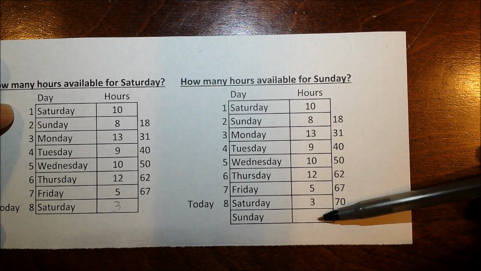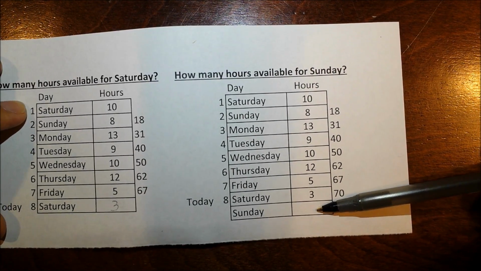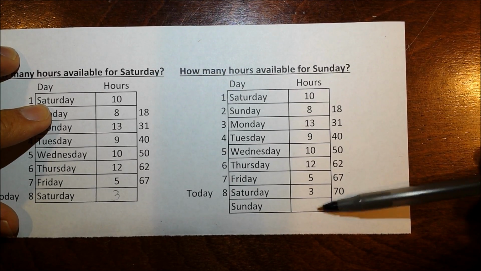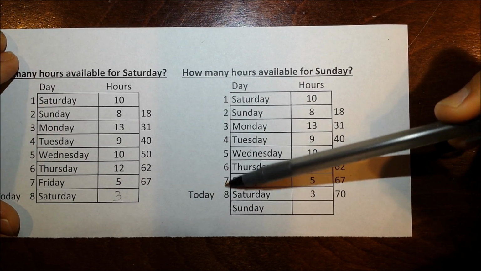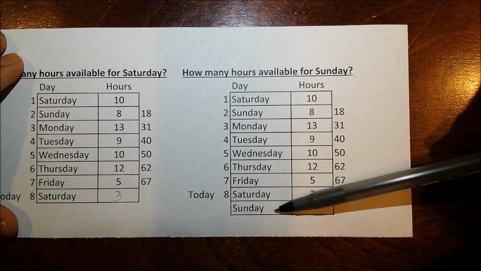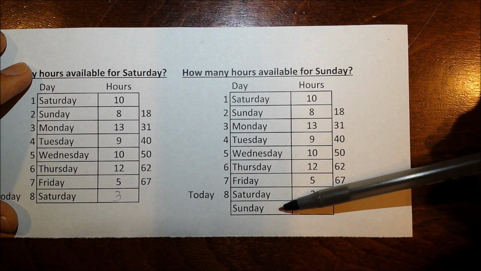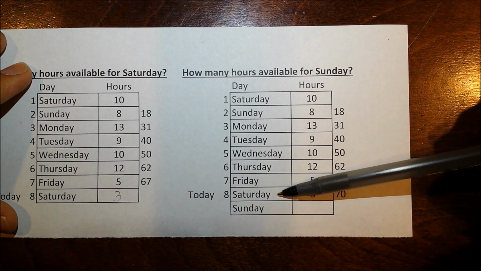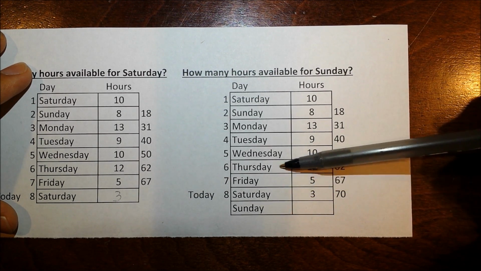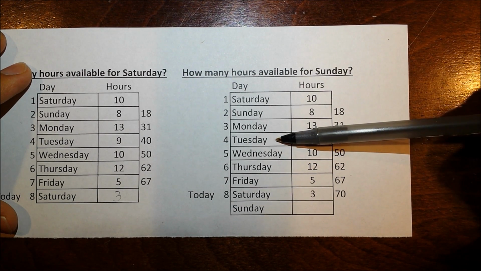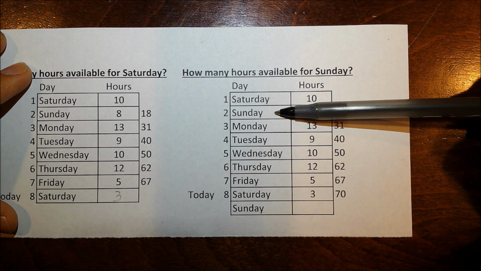In order to do that, we have to count 8 days back. So this was the old numbering, but now the numbering is going to change because now we're on Sunday. If we count 8 days back, this is the 8th day now. This is the 7th. This is the 6th. This is the 5th, 4th, 3rd, 2nd, 1st.